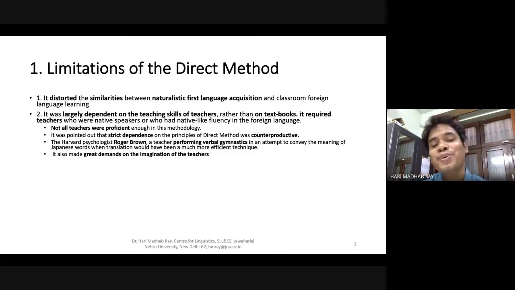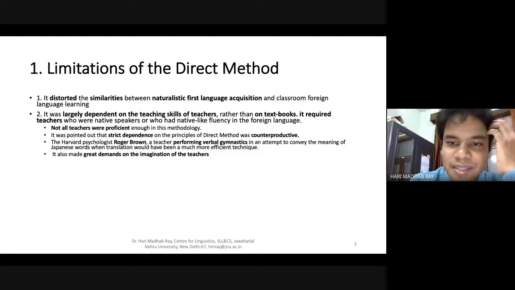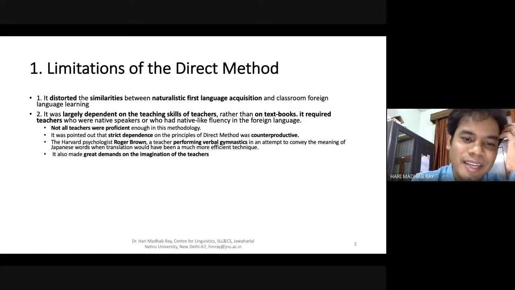So Roger Brown says that the teacher is performing verbal gymnastics, and translation is better to some extent, if you can explain some concepts easily by translating. So please go ahead. This is where Roger Brown is saying that mostly the teacher is performing verbal gymnastics, and the learners or the students do not understand.